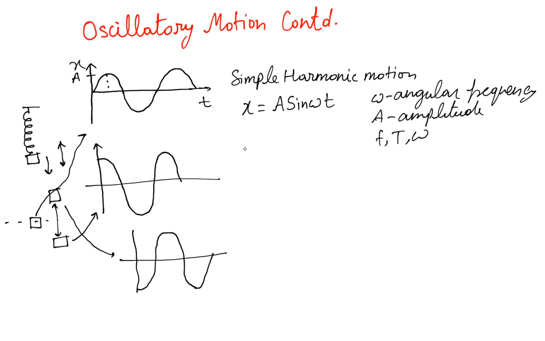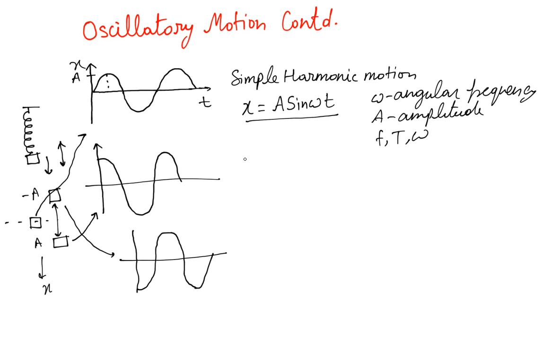So you see, this formula is not complete. It needs to be modified a little to include cases when you start recording your data or start explaining your motion, not just in this position, but anywhere between minus a to plus a, if you define this as the positive x-axis.